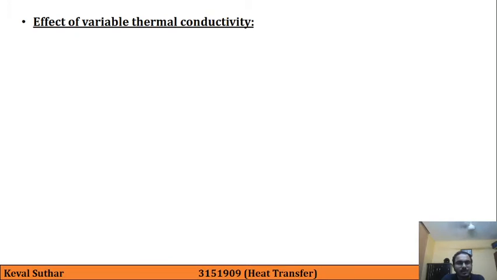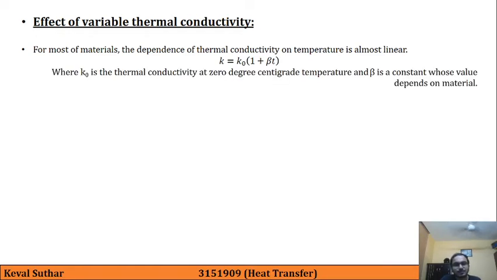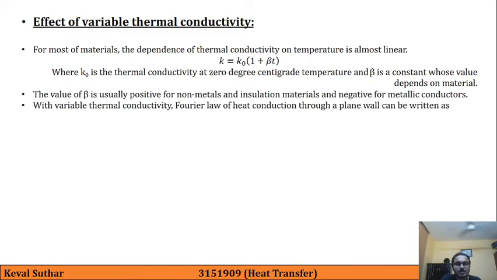Now the next topic was the effect of variable thermal conductivity, and here it is given by this formula, that is k is equal to k0 (1 plus beta T). We have already studied this in our introduction part, where k0 is thermal conductivity at 0 degrees centigrade.